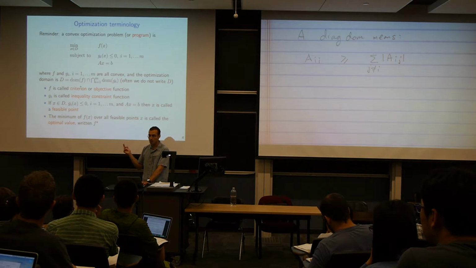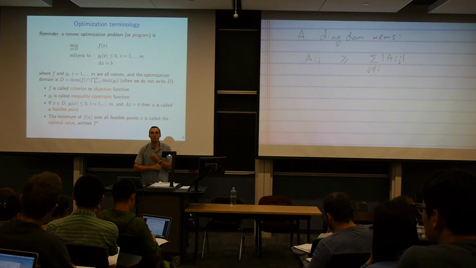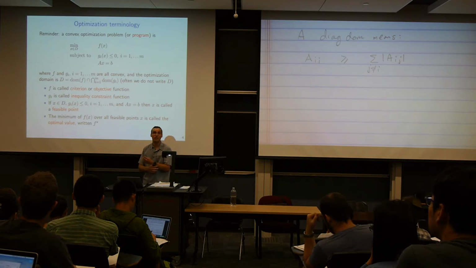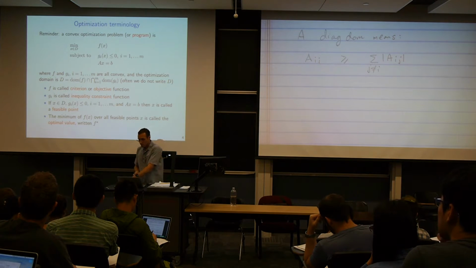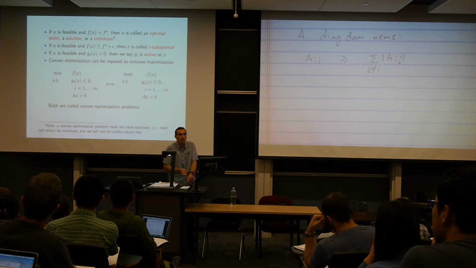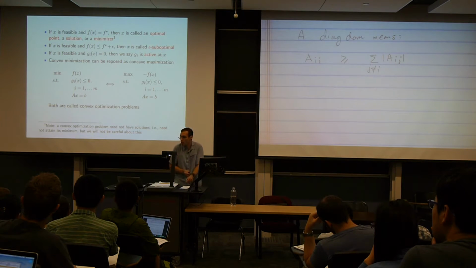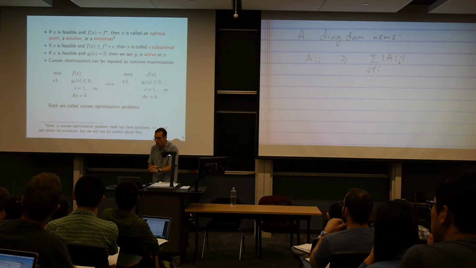So if I don't explicitly tell you what f star is, but this is the problem you're looking at, then f star refers to this function at optimality, the smallest I can get over the feasible set. If x is feasible and f of x achieves the optimal value, then it's called a solution or an optimal point for the program. We also might call it a minimizer.